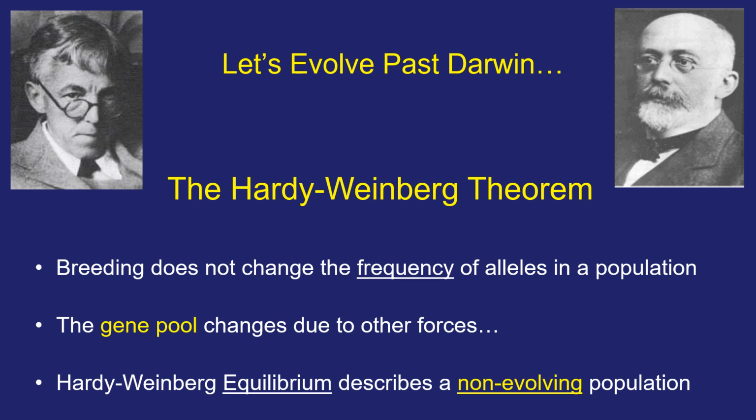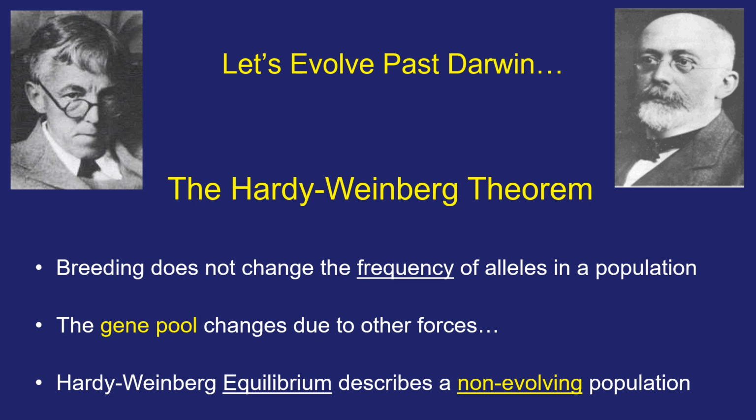So their theorem only applies to a hypothetical population where really nothing is changing. They were looking at a hypothetical population of diploid organisms that mated randomly and didn't emigrate or immigrate to other areas. There was no natural selection.